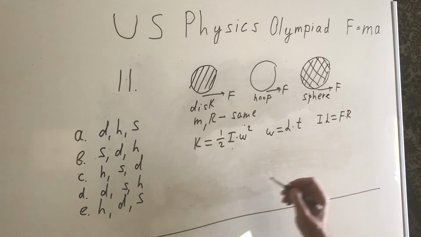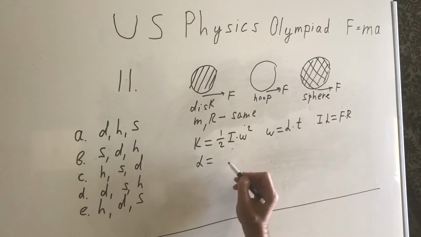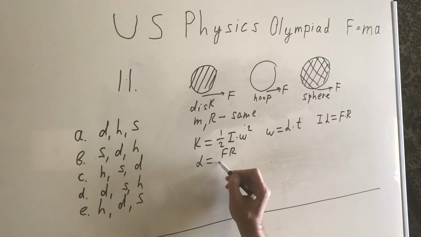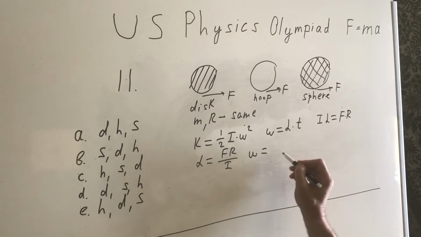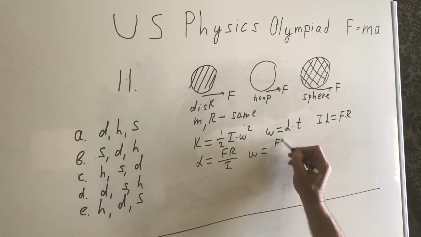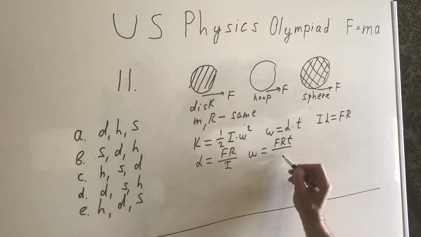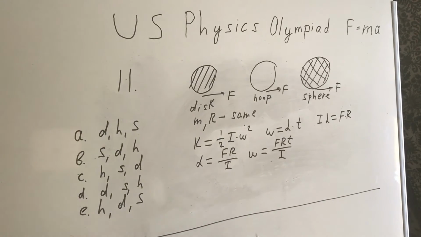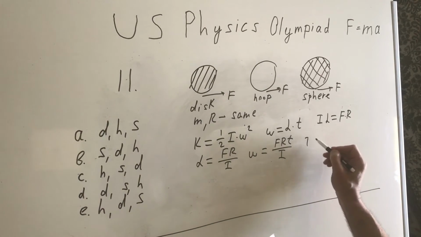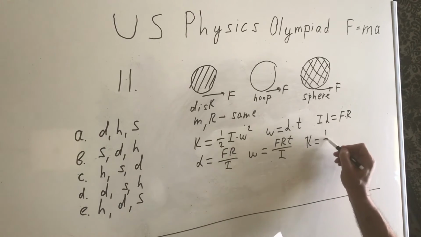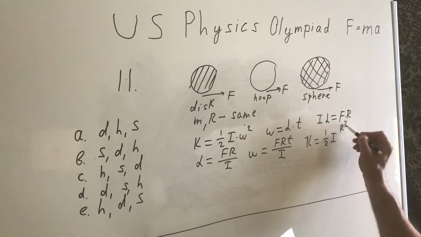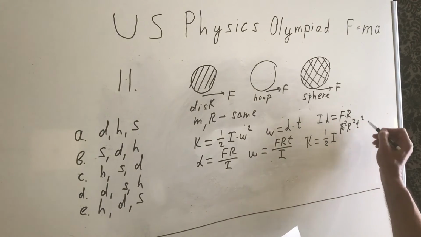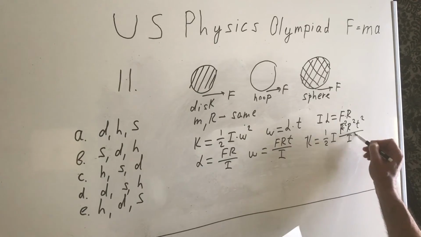So it means that alpha equal Fr over I, omega equal Frt over I, and finally kinetic energy equal 1/2 I F square r square t square over I square.